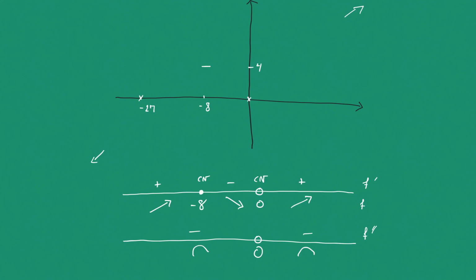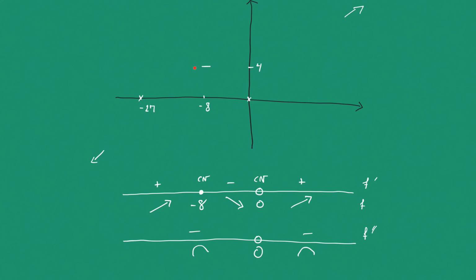All right, so we see that from -infinity to -8, our function is going to be increasing everywhere, and it's going to be concave down. All right, so we are going to draw it so that our function tends to -infinity as x tends to -infinity, and it's going to be increasing all the way until we get to -8. We're going to cross the x-axis at -27.